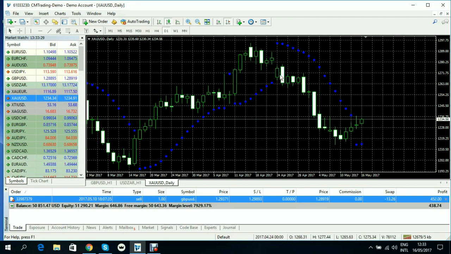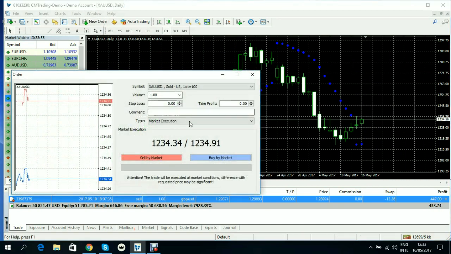So if, let's say, you are in a sell position, by now you have to get out, take your profit, and place a buy. So this is an indication that gold is buying now. So you place your trade. For example, you place your trade for a buy.